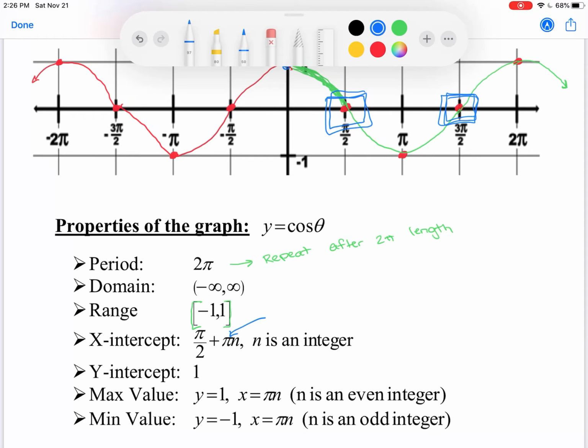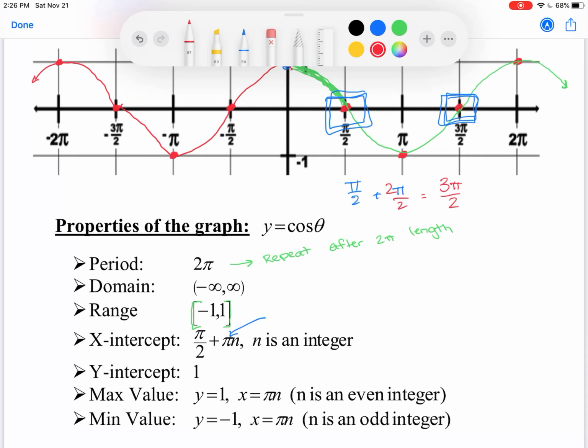So if you take a look at how that happened, or what you had to add to pi over 2 to get to 3 pi over 2, you essentially had to add another pi. So that's how they got this pi here. They told you, well, you took your first x-intercept, and in order to get to that second x-intercept, we had to add another pi to get 3 pi over 2.